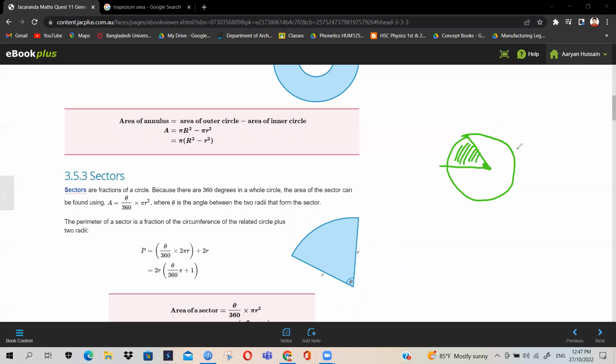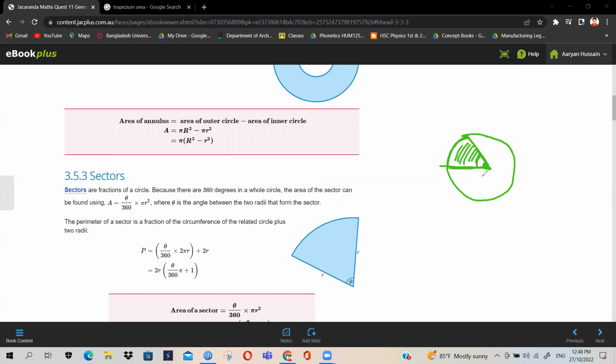And how can we get it? Obviously you can understand that its area will also involve pi r squared, because terms like radius are involved, and it's a part of the circle. But obviously it does not cover the whole circle, it's a portion of it. And how can we get the portion? We can get the portion from the angle at the center.